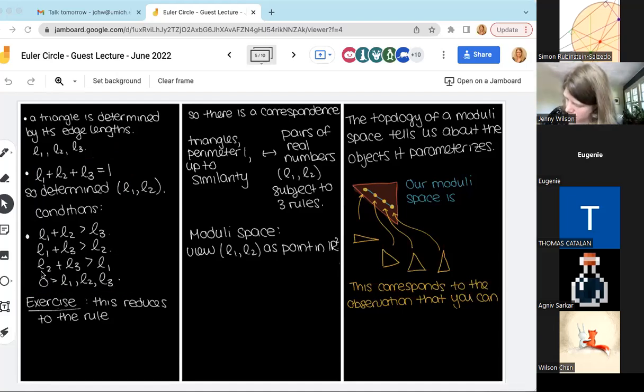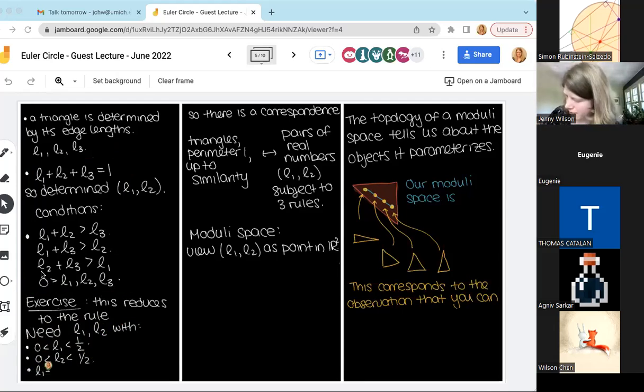We need L1 and L2 with the following list of conditions. So first of all, L1 needs to be positive and it needs to be less than 1/2. L2 needs to be positive and it needs to be less than 1/2.